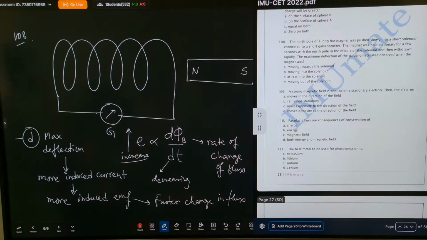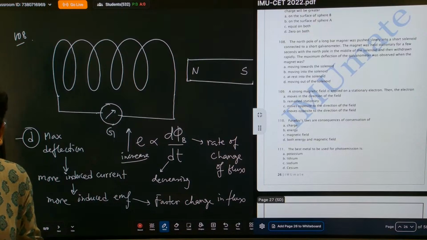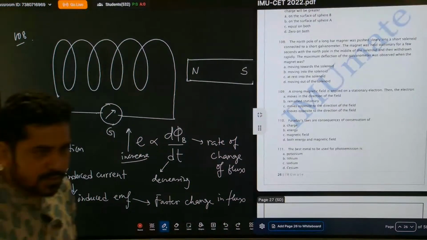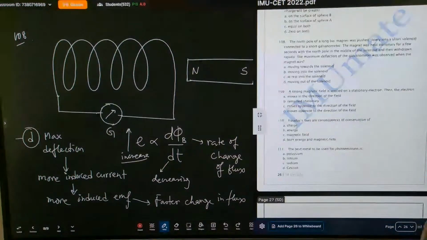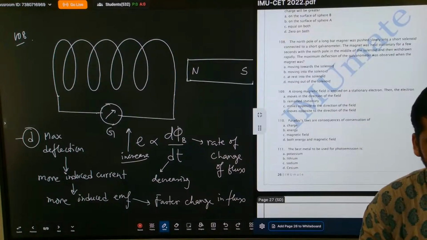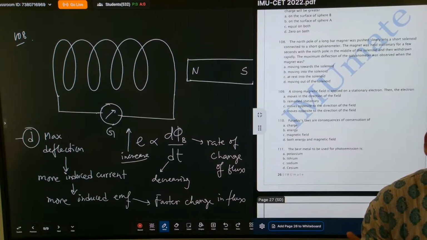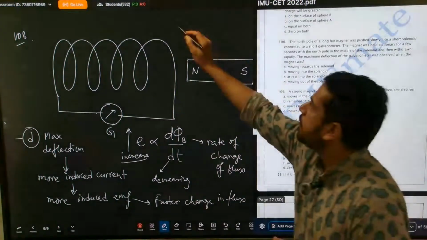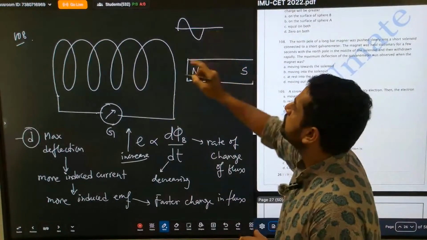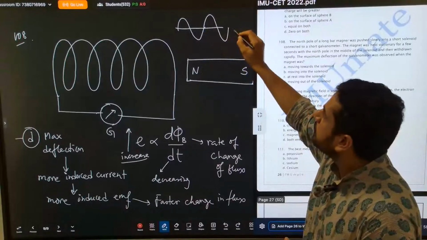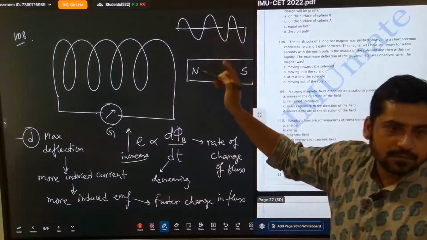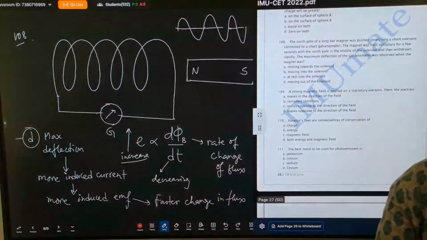Do you know in our household electricity the frequency is 50 hertz? Do you know this? 50 hertz is written. What does it mean? It means the current we are getting is an alternating current like this. This is the wave, full wave. So there are 50 full waves getting produced in each second.